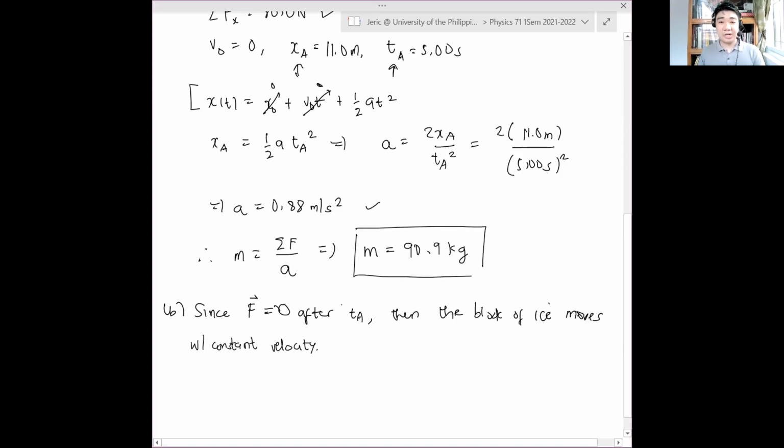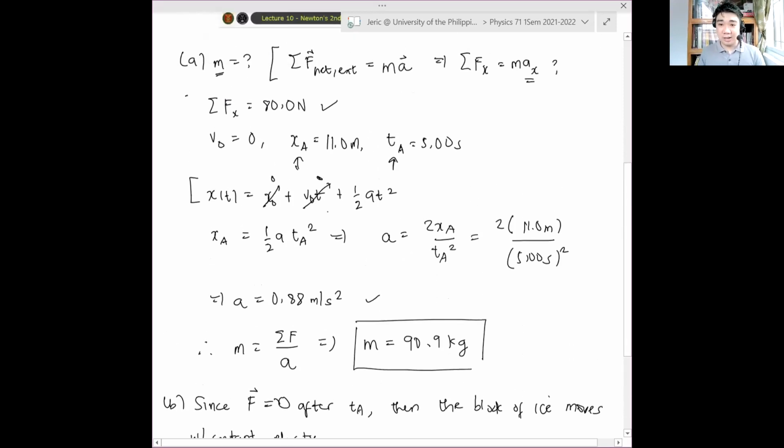Okay? Therefore, the question now is, what is the velocity of the block at the time TA? After time TA, siyempre, same na lang yung magiging velocity niyan. So we can get the velocity VA.